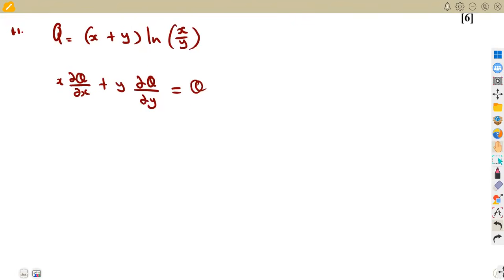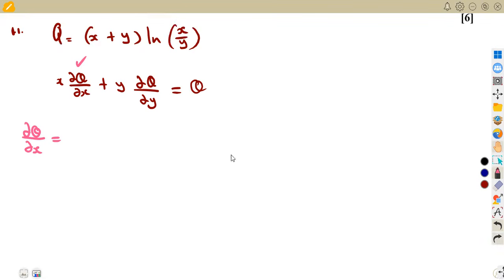From this part here, we are working with a partial derivative. So let us focus on Q first and x. What is going to be the derivative of Q with respect to x? If we check, we've got x here, and we also have x here.